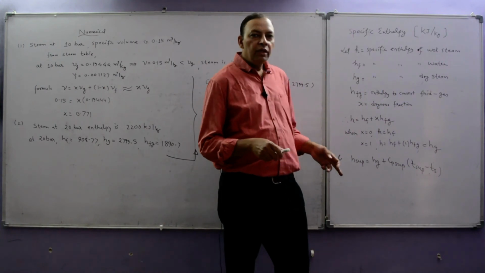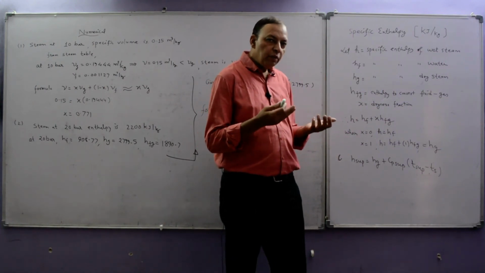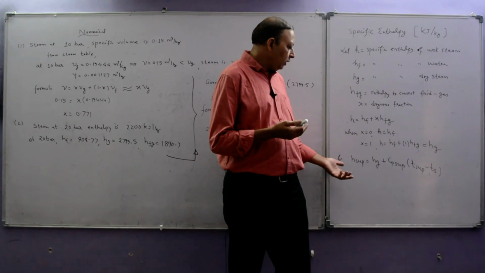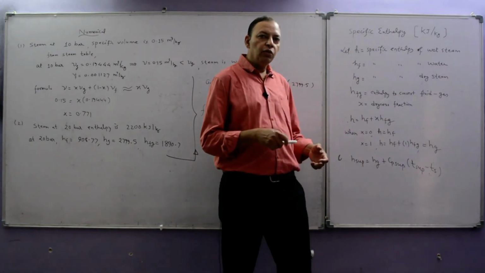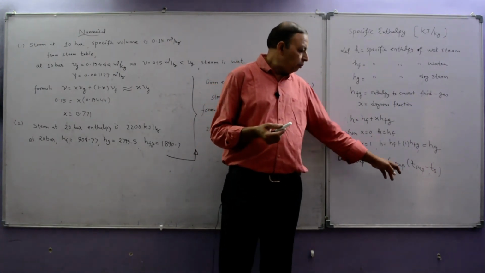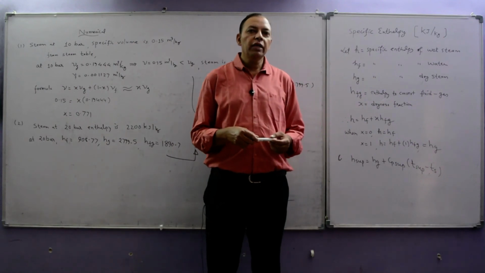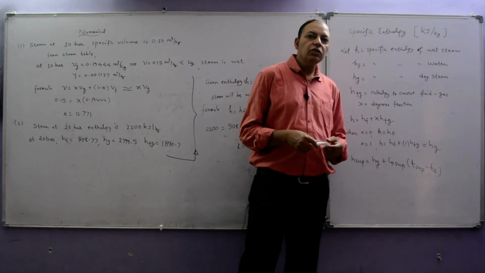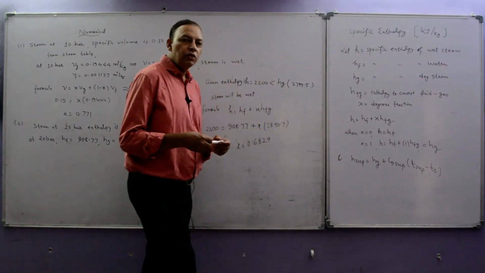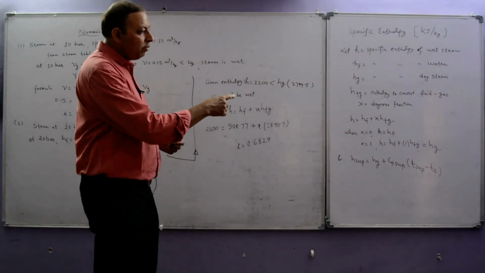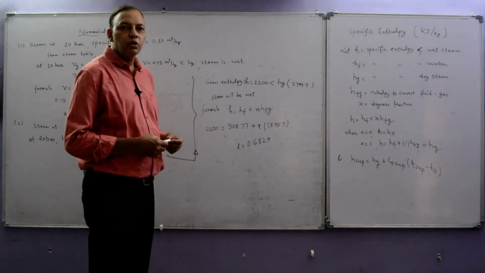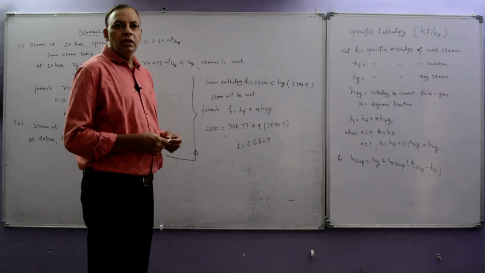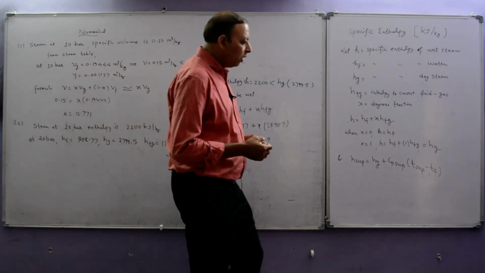And similarly, specific enthalpy of superheated steam, we can calculate: Hsup is equal to Hg plus Cpsup times (Tsup minus Ts). Here Tsup minus Ts is known as the degree of superheat, and Tsup is the temperature of steam at superheated condition.